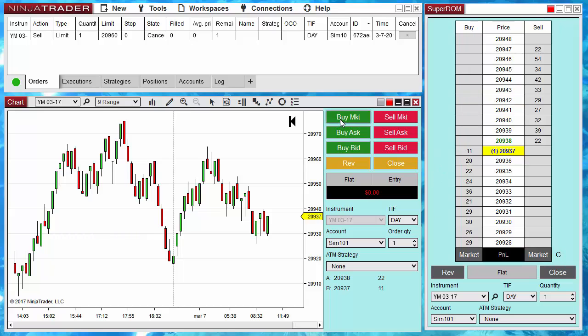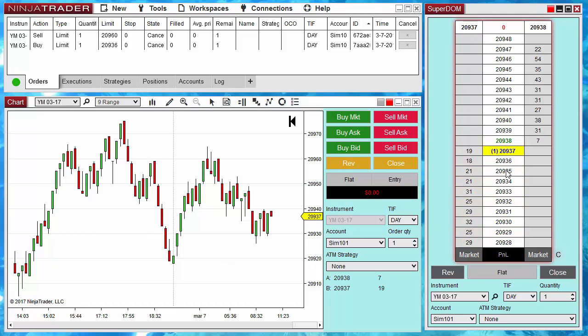To understand which is the price that we get when we enter at market, it is easier to understand if we look at the DOM, where we can see the orders pending, the limit orders pending on the buy and on the sell side.